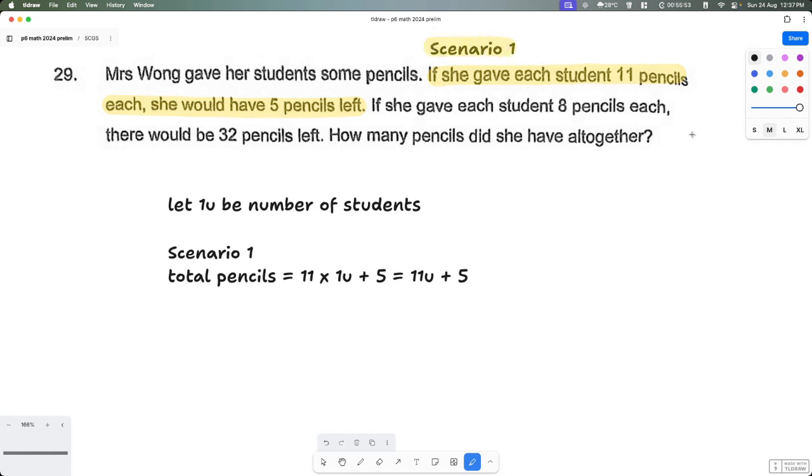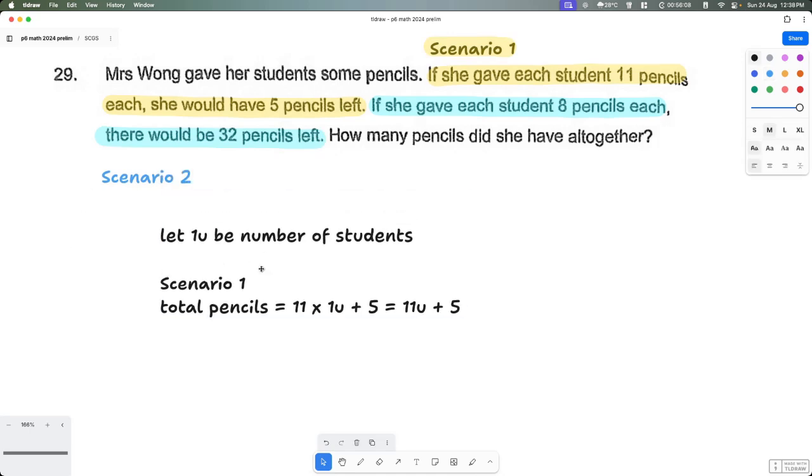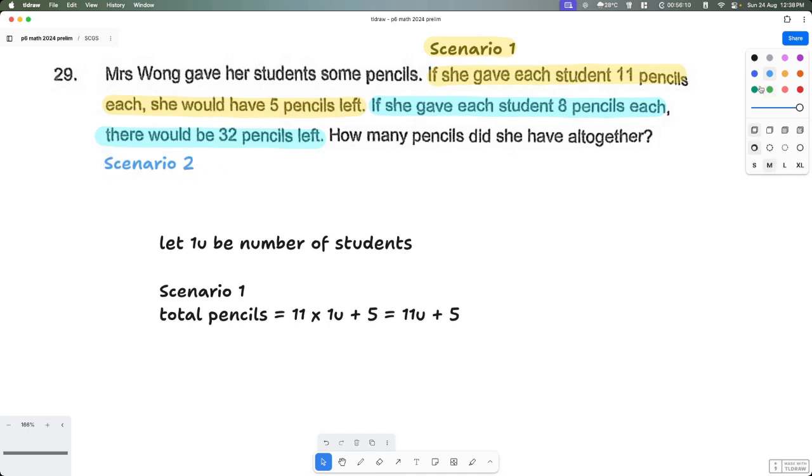Okay, scenario 2, let's do blue color. If she gave students 8, then this is what happens. So scenario 2, let me use black instead, but the highlighter will still be blue.